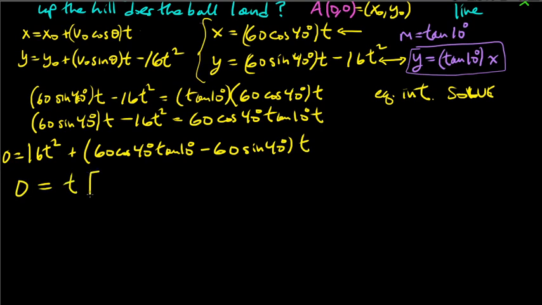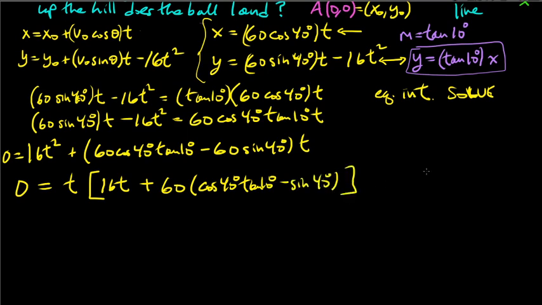Just factor out the t, and we get 16t plus 60 times this mess here: cosine of 40 degrees, tangent of 10 degrees, minus the sine of 40 degrees. Since that equals 0, we get two solutions.